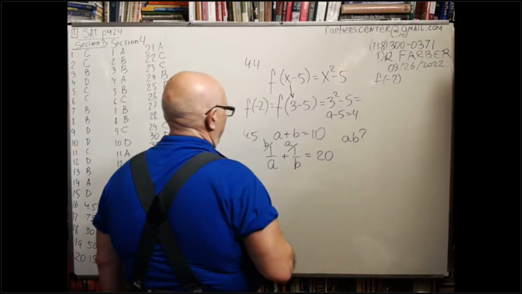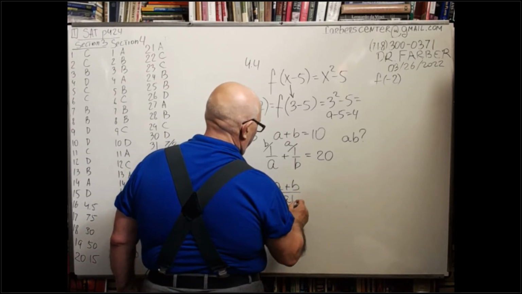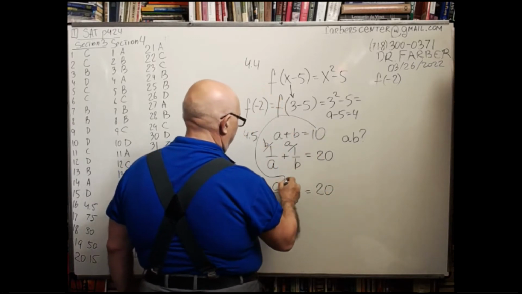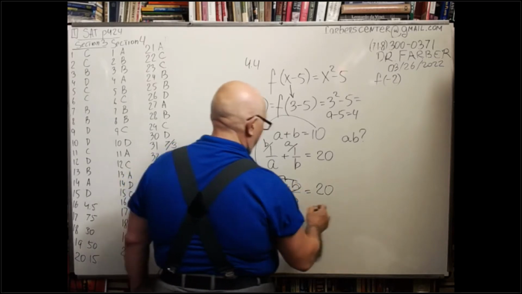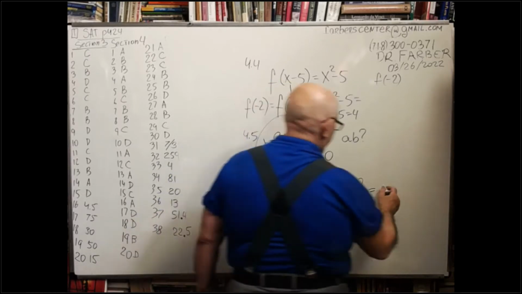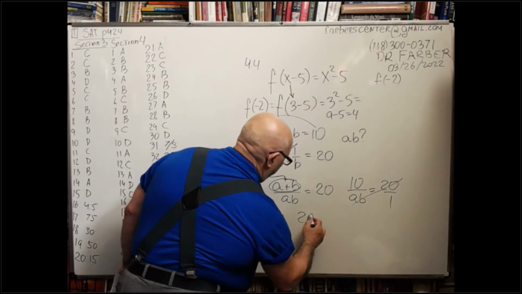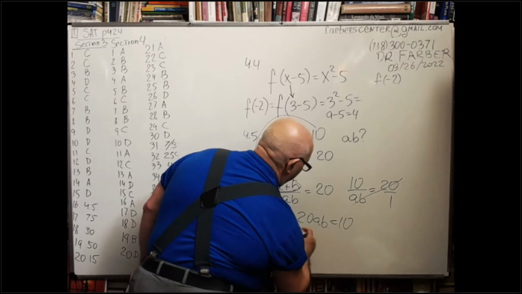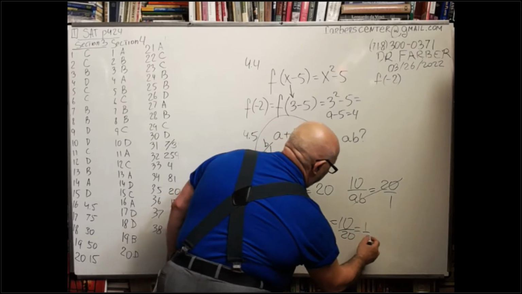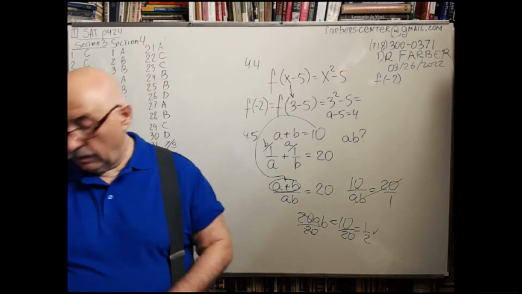And we have numerator A plus B over AB equals 20. But A plus B equals 10. Grab this 10. And I have 10 over AB equals 20. Or 20 over 1, but it's the same. Cross: 20 AB equals 10. Divide by 20 both parts. Cancel out, equals 1 over 2. Okay, this was 4.5. So far so good.